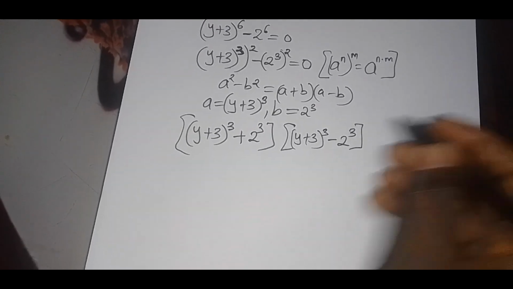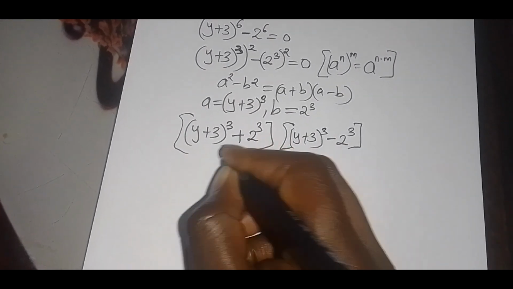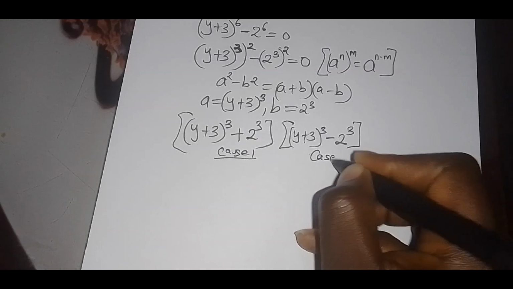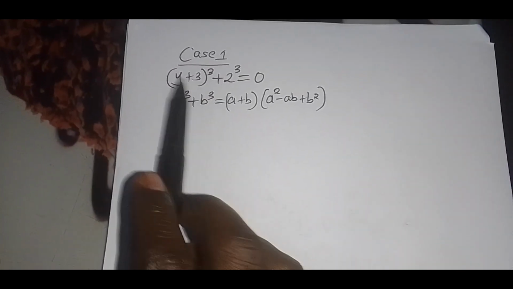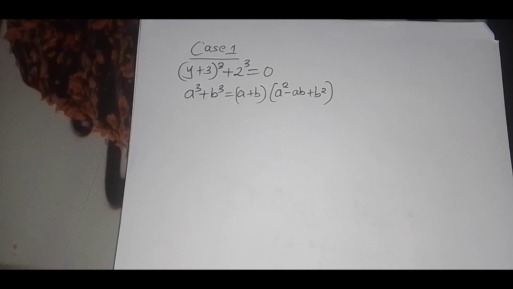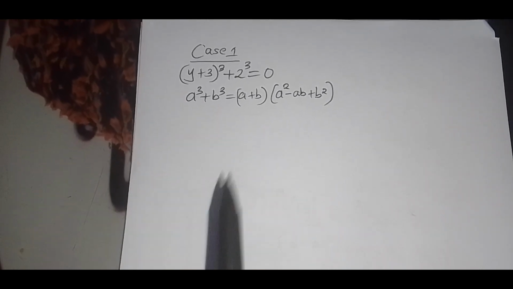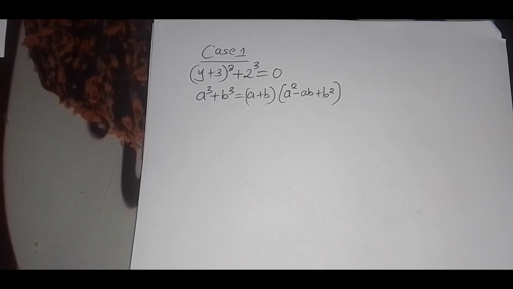Okay, so you can call this one case 1 and this one case 2. In case 1 we have (y + 3)^3 + 2^3 equal to 0. Now this is in the form of a cubed plus b cubed, which is expressed as (a + b)(a squared minus ab plus b squared).